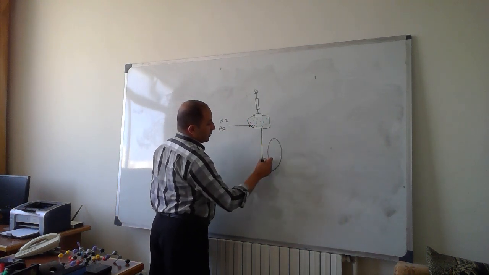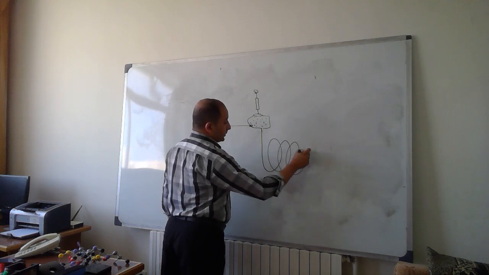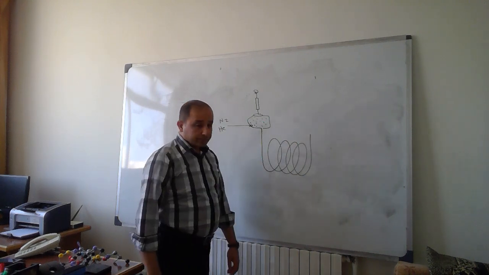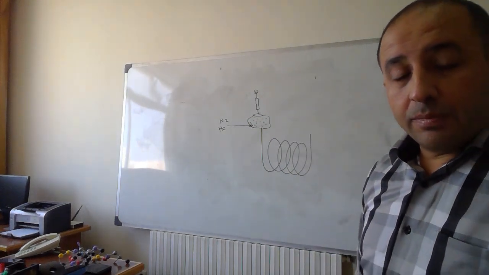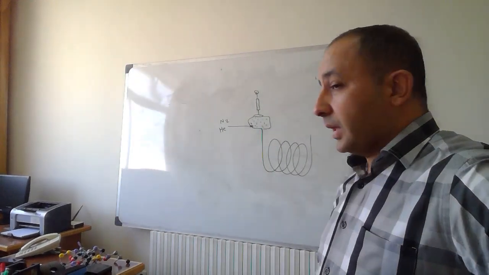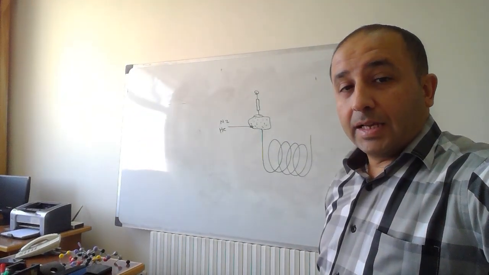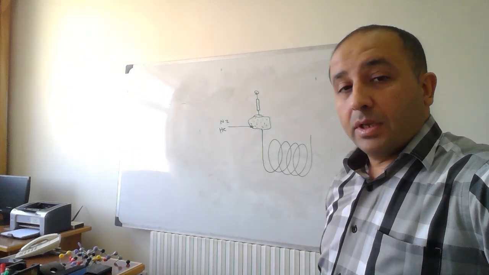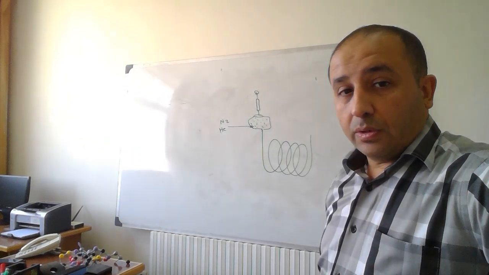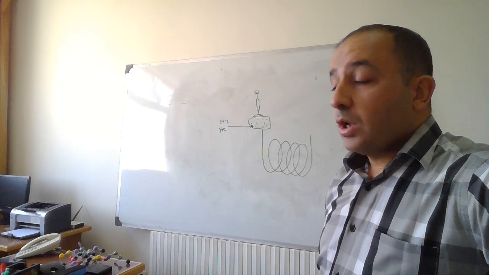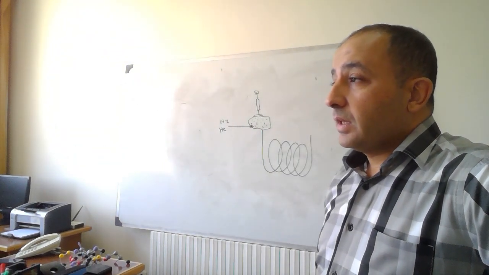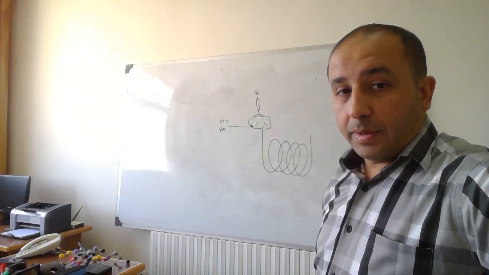After that, we will have a heated column, and the most frequently used column is the capillary column. Okay, it's long. It has a very limited diameter in order to reduce longitudinal diffusion, and it is long to compensate for the capability of separation.